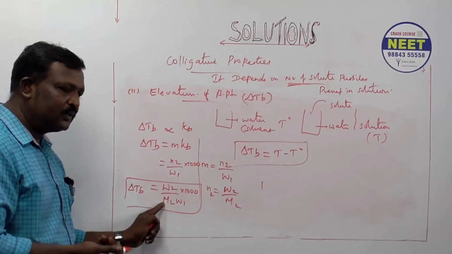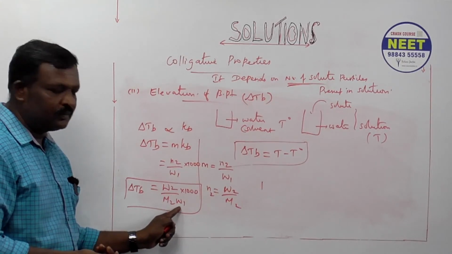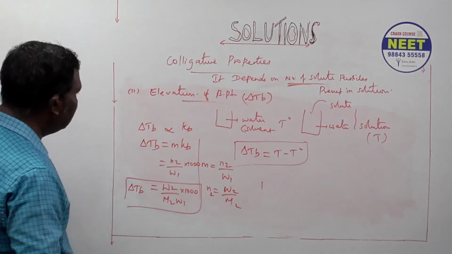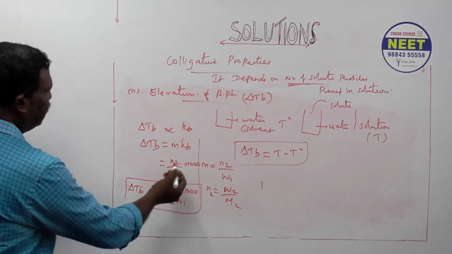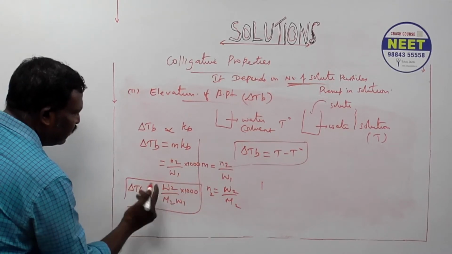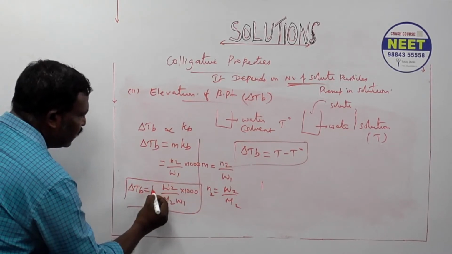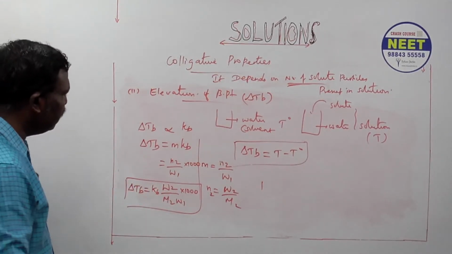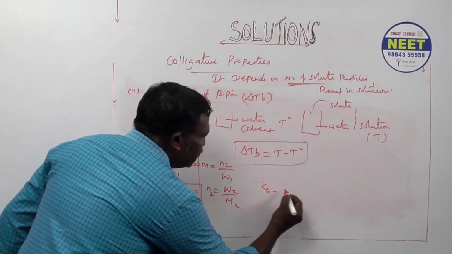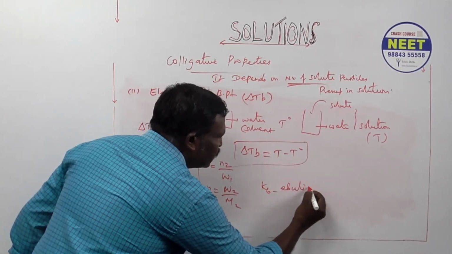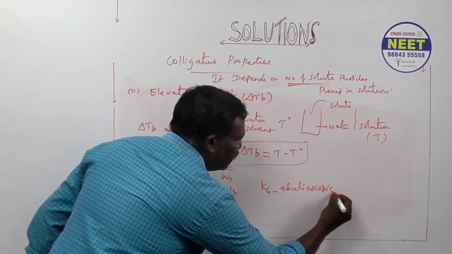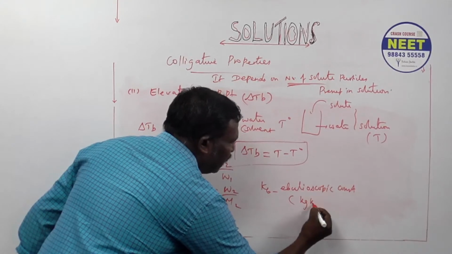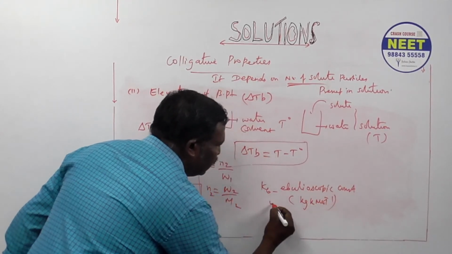M2 is the molecular mass of solute, and W1 is the solvent. KB is called, in this case, the ebullioscopic constant. Understood? Its unit is also very important: kilogram Kelvin per mole. Note that unit down.